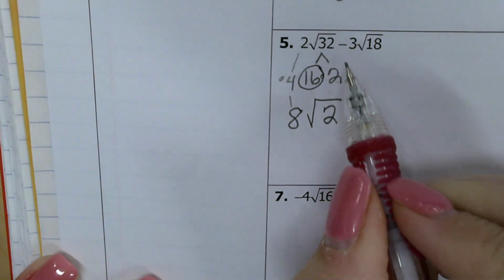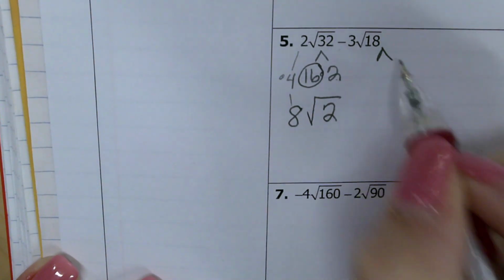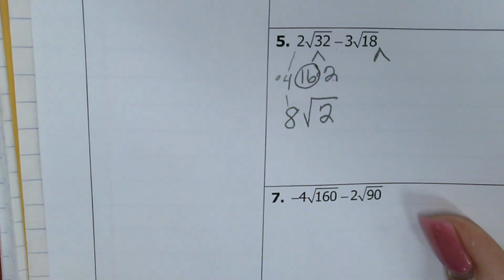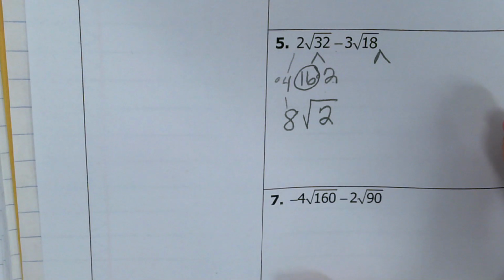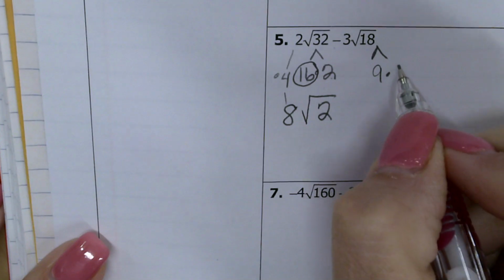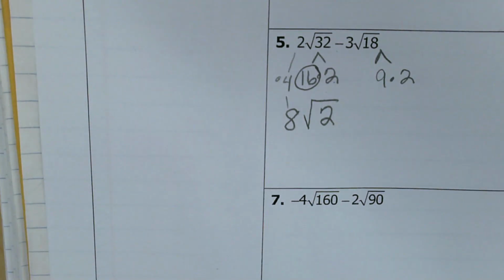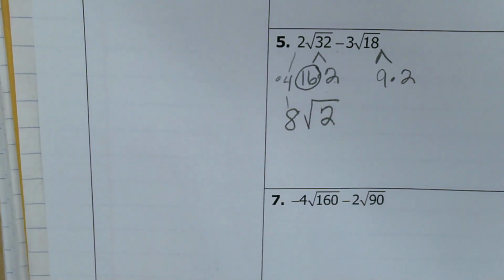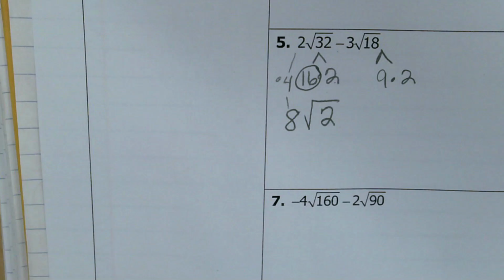Okay, now we got to work out the second part. 18. Anybody know the perfect square in 18? Yeah. What is it? It's easy. 9. All right, so 9 times 2. Hey, here's a hint. If I don't get common radicals, I probably missed something.